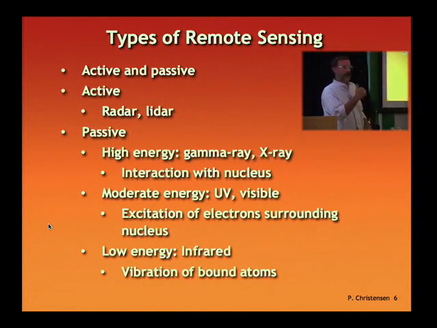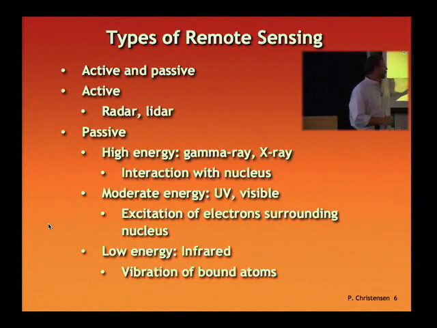So there the interaction is going on at the nuclear level. What I'll call moderate energy is ultraviolet and visible photons. Those have enough energy to excite or interact with the electrons that are surrounding the nucleus. So slightly lower energy, but there, as we'll see in a minute, we're actually exciting electrons to different energy levels.